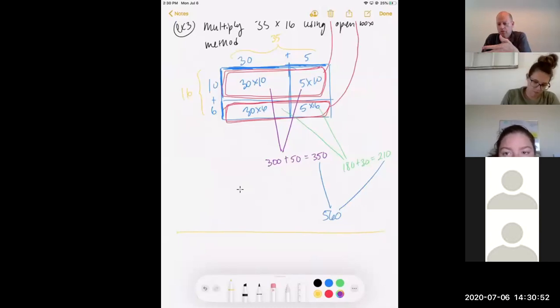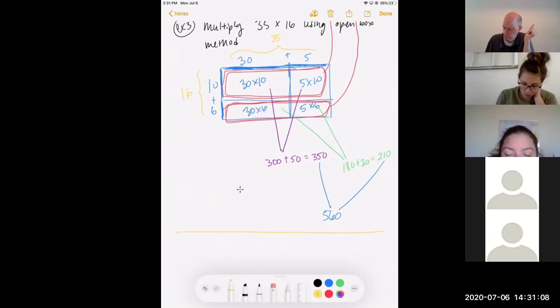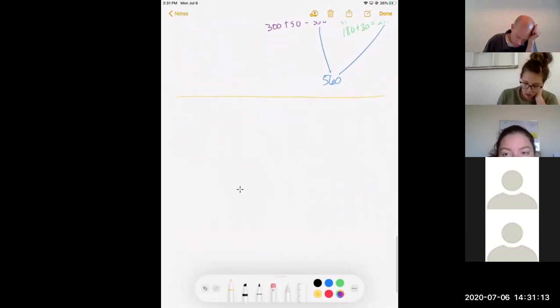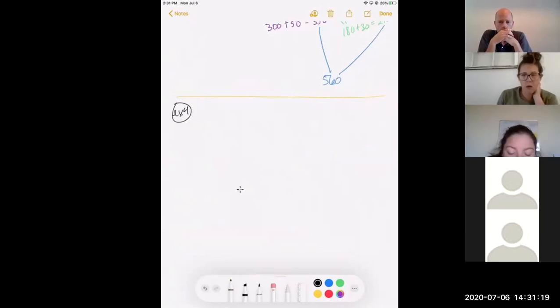We have open box, partial products, standard algorithm, and base 10 blocks. And which one is least clear that we could just do another example of?